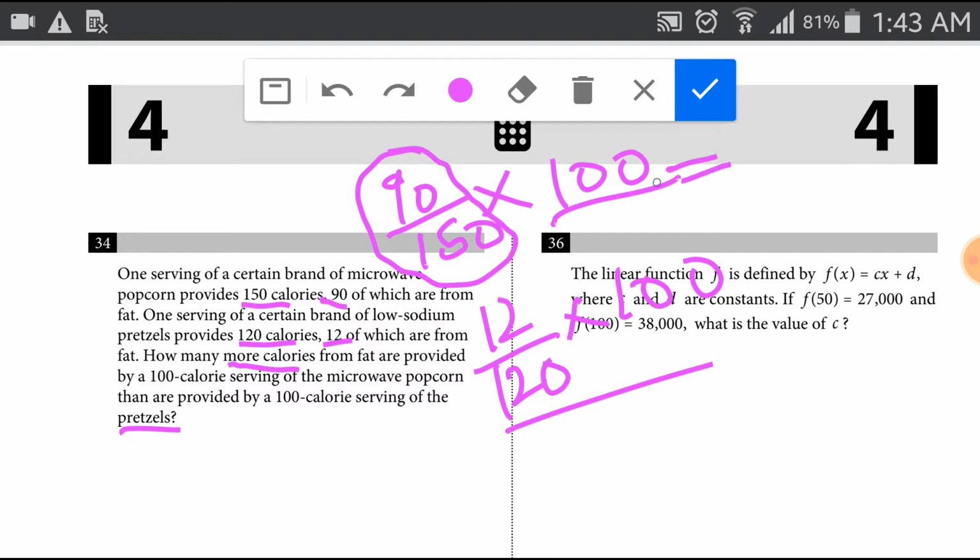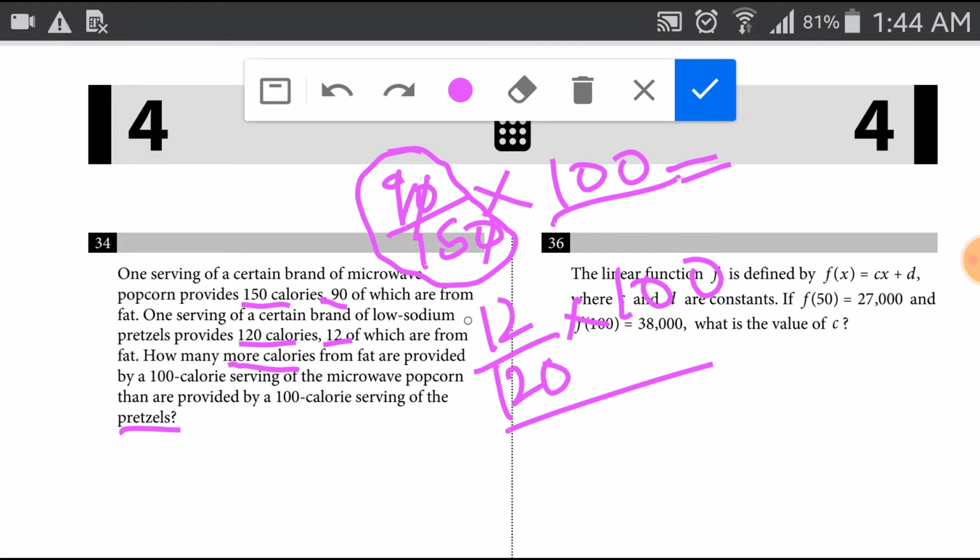So let's just find what this is. Obviously, this is the calculator section, so you can just use your calculator to find this. I can just cross these things out. I mean, divide by 3 in both the numerator and denominator. I should have picked up a calculator, but okay.